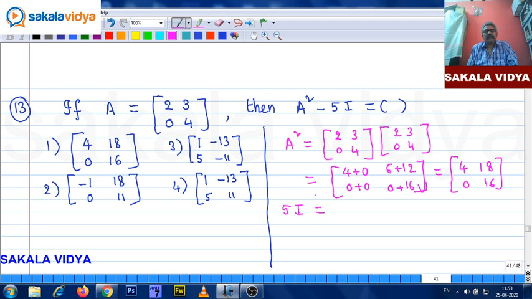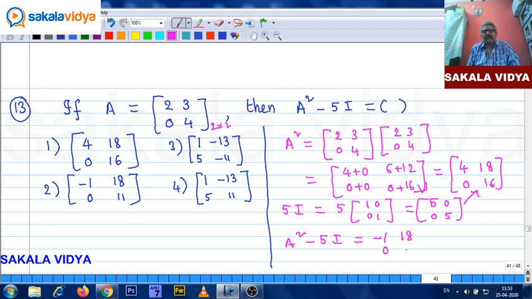I means the identity matrix of 2 by 2, because A is 2 by 2. So 5 multiplied by 1, 0, 0, 1 will be 5, 0, 0, 5. Rest of the thing you can do. A square minus 5I means you subtract 5, 0, 0, 5 from 4, 18, 0, 16. 4 minus 5 is minus 1, 18 minus 0 is 18, 0 minus 0 is 0, 16 minus 5 is 11.